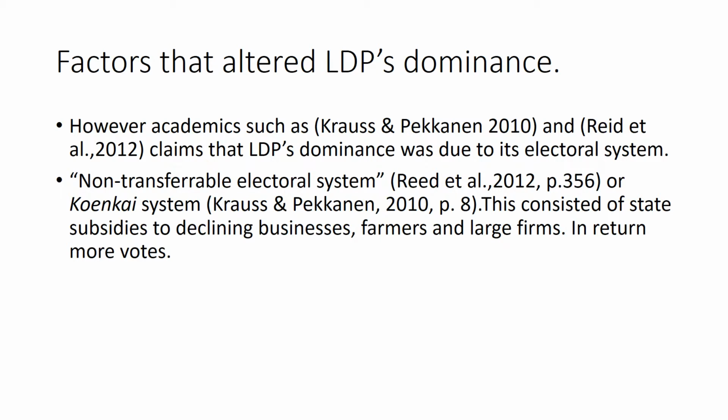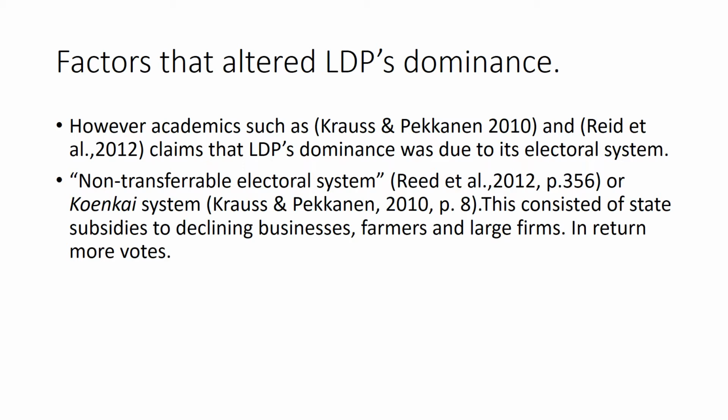So in regards to when the LDP came in and got their dominance, the majority of their votes would come from farmers, from the rural area, and particularly the agriculture sector. Or in other words, pouring enormous amounts of pork barrel spending.